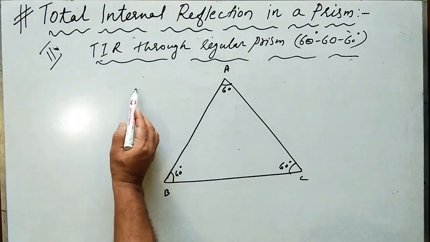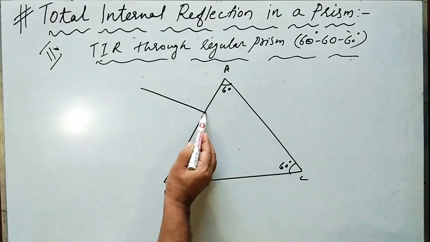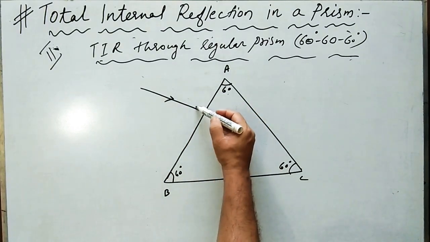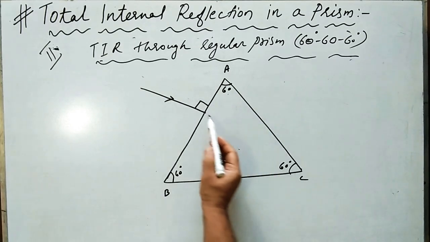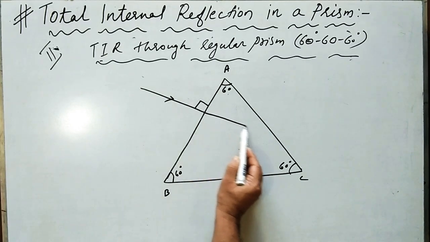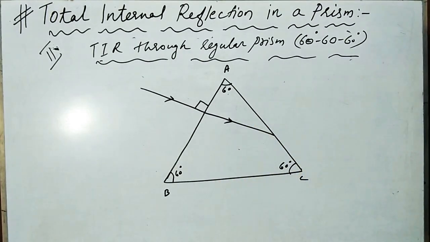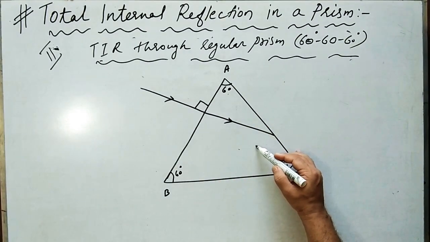For that, let us consider an incident ray striking the surface AB normally. For normal incidence it passes undeviated, you know it, and it strikes the surface AC. At what angle of incidence? We don't know the angle of incidence.